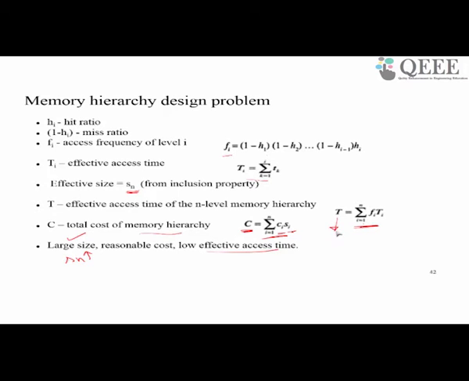This T should be very close to, somewhere in between T1 and T2, the access times of the first level and second level cache. So this is the problem we will face in designing a memory hierarchy.